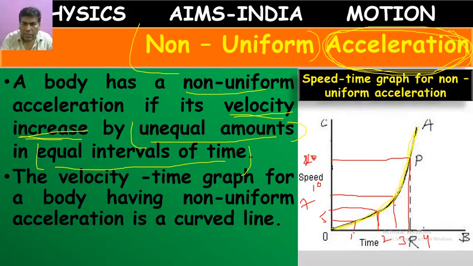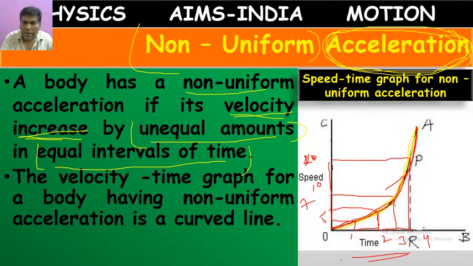How is the change? In 1 second, 5 meter per second increased. Again after 1 second, 2 meter per second. Again after 1 second, 3 meter per second. Again after 1 second, 10 meter per second. This curved line is not following any particular order.